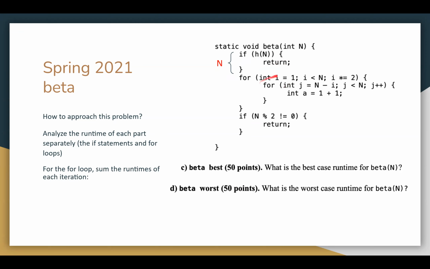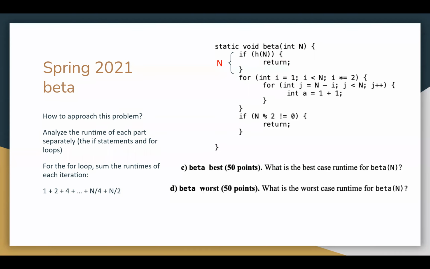And then for the worst case, we have to care about the for loop here. For the for loop, we sum up the runtime for each iteration. Here our I again doubles up, and we have another for loop inside, which takes j equals n minus I, and goes until j less than n, and j increments every single time.